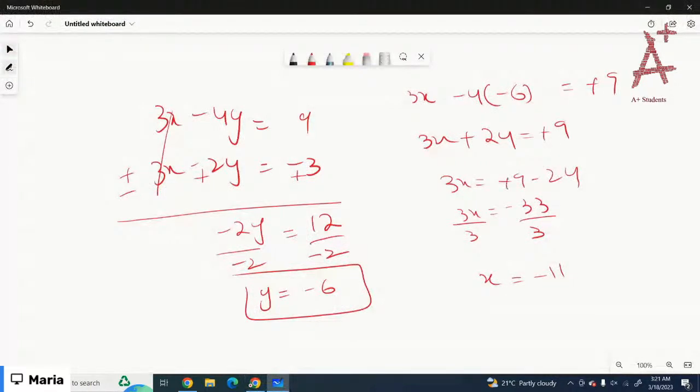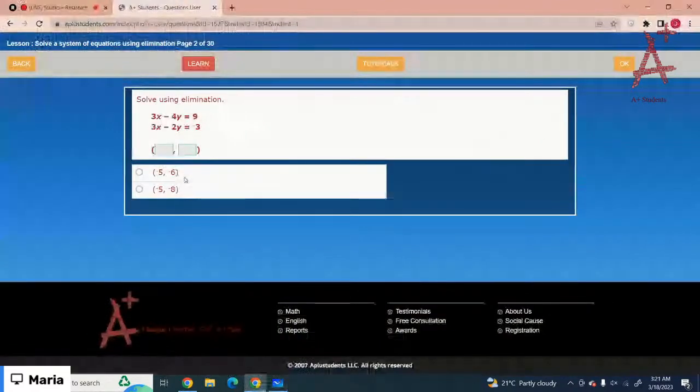So 24 minus 9 is 15, negative 15. It would be 3 times 5 is 15, so it is negative 5. Got it? That means the correct option is negative 5 and negative 6. The correct option is the first one. Got it?